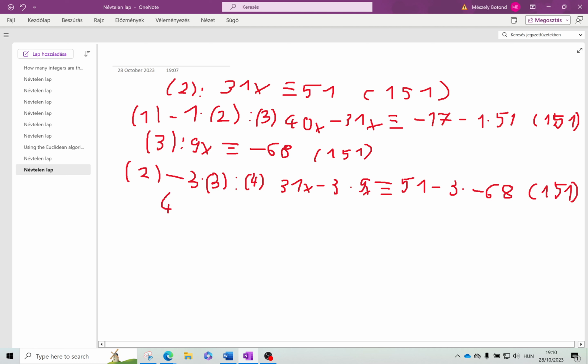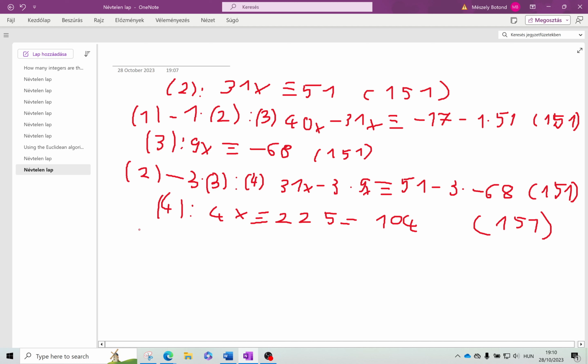And this means the fourth equation will be 4x, yes, 4x congruent to 255, which equals 104 modulo 151, because 255 is bigger than 151, so we subtract it, we get 104, and it's easier to work with smaller numbers.